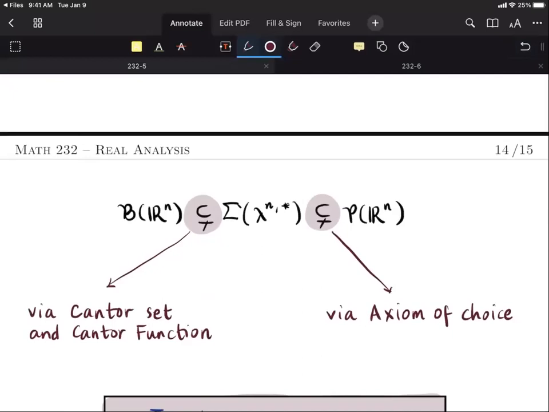So the axiom of choice tells us that if you have a collection of non-empty sets that are pairwise disjoint, there is a set that consists of precisely one element from each set in the collection. In other words, roughly speaking, you can pick or choose one element from each set of a pairwise disjoint collection of non-empty sets.